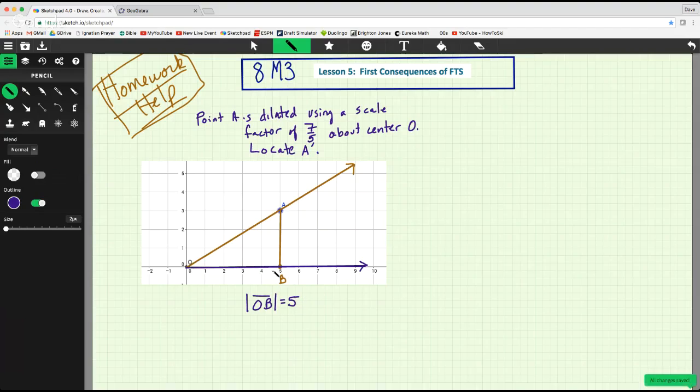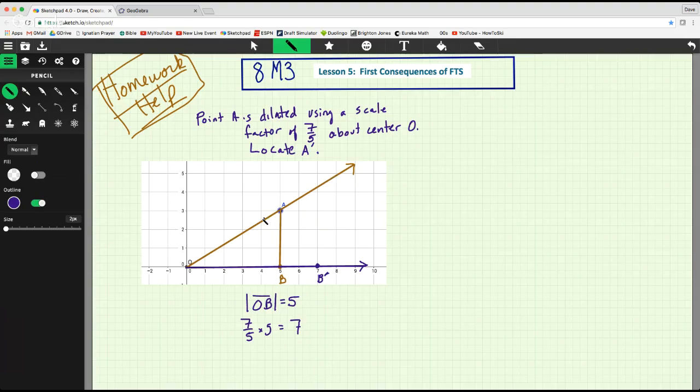So if I dilate it by 7/5, I go 7/5 times 5, and that's going to equal 7. So 7/5 of 5 is right here. This is going to be my B prime. Right? This is 5, so I go 7/5 of 5 is B prime.